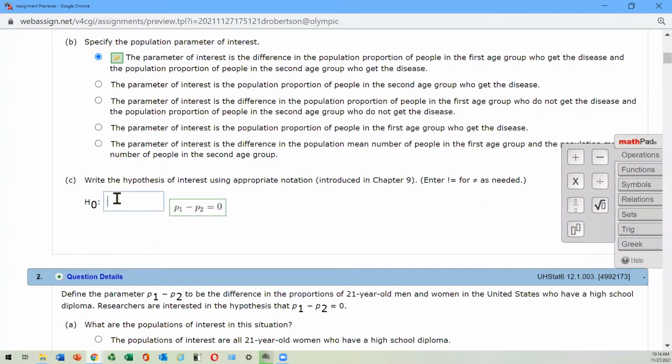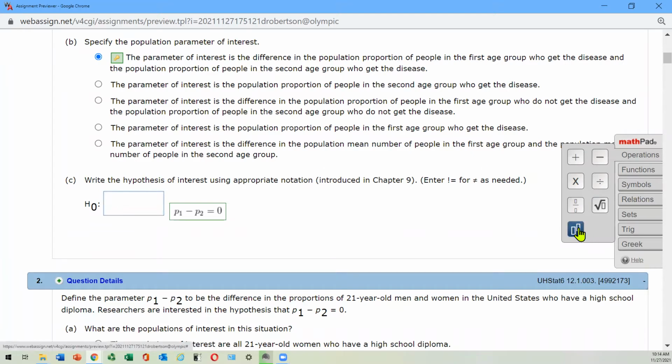I'm not 100% sure, but if you put the answer in and P1 take away P2 equals 0 isn't working, it's because if you look here, do you see how the 1 and 2 is smaller than these? Which is why I suspect we may have to do subscripts.